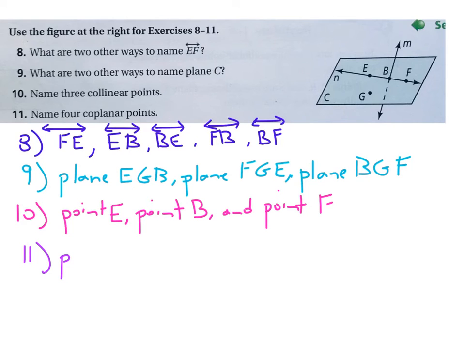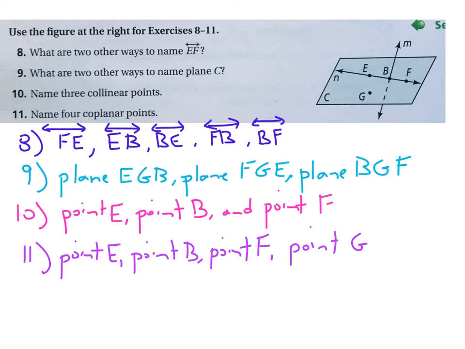You'd see it kind of floating up above it or down below it. So now we've got point E, everything that was in that collinear set of points for number 10, point B, point F, and then additionally, we need to name point G also as well. They're all on that same plane C, or we could name it with any 3 points.